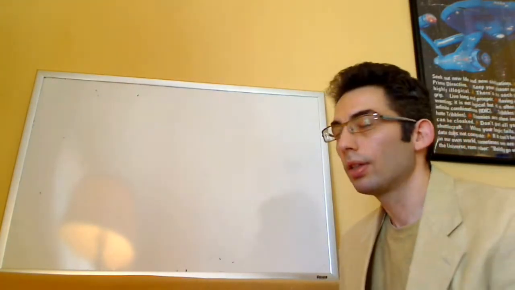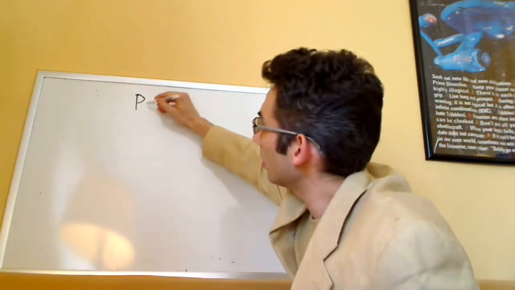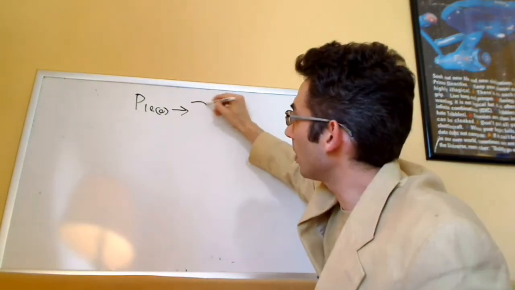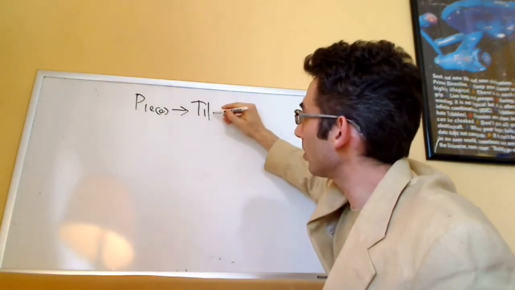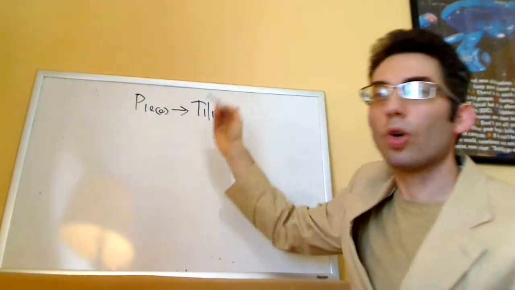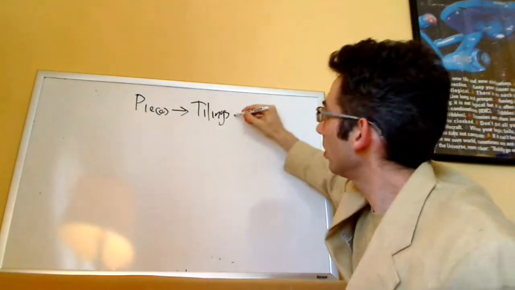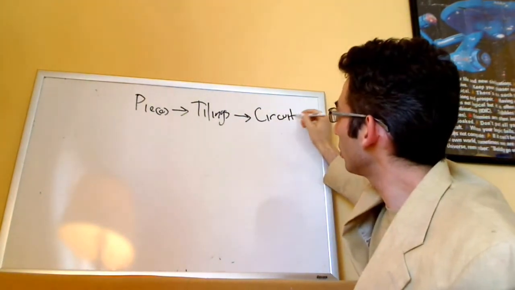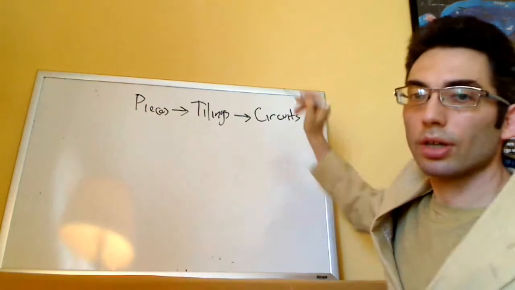So here's the plan. Pieces go to tilings, also called tessellations, which goes to circuits. And our solution is here.